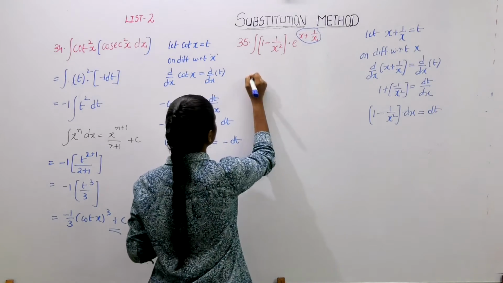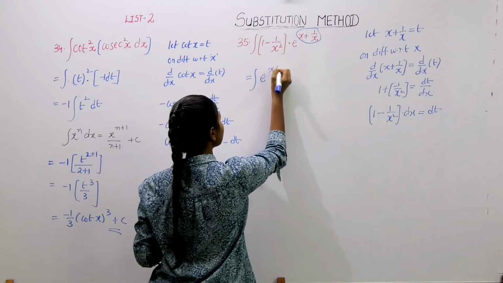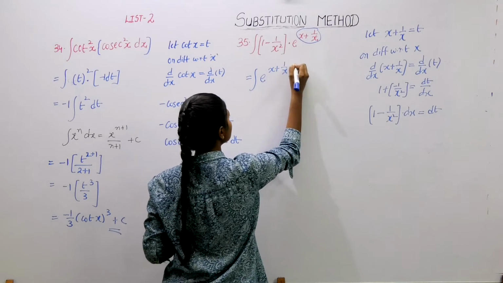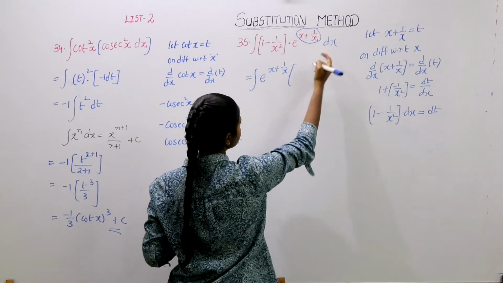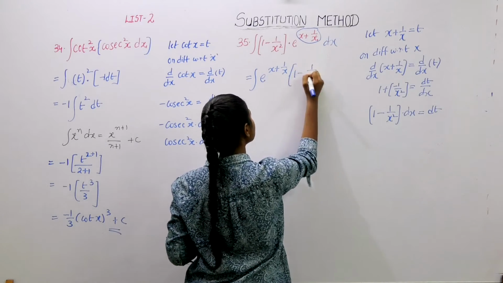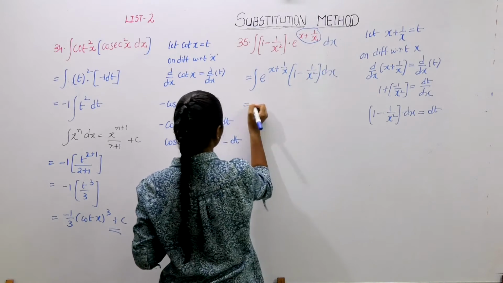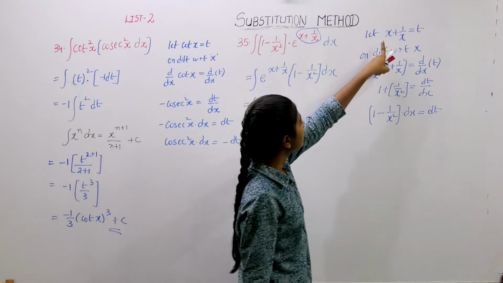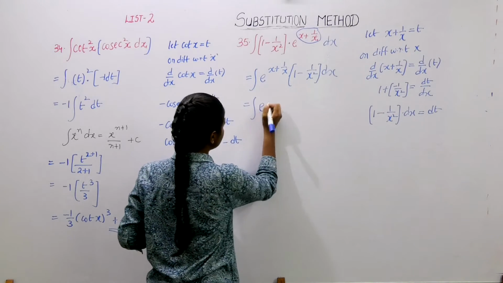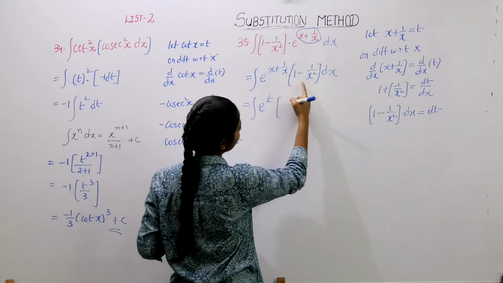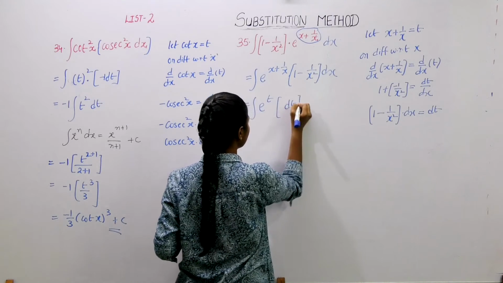Now when we look at the question, I rewrite this as e power x plus 1 by x into 1 minus 1 by x square dx. We are integrating with respect to dx. Now, as per the assumption, x plus 1 by x equals t, so integral e power t, and here 1 minus 1 by x square dx is dt.